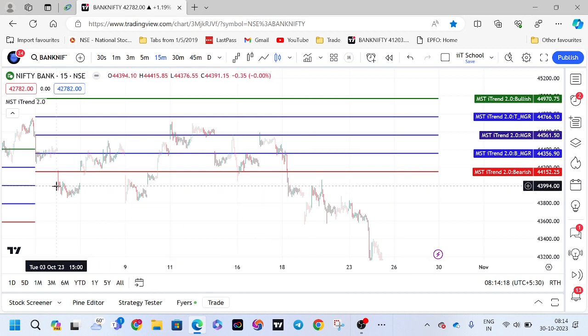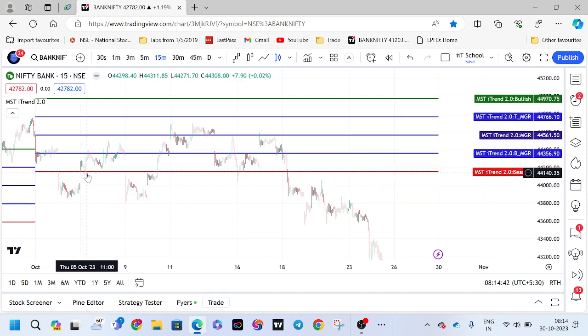So on October 3rd itself we got to know that the market is going to fall, so you can take one monthly put option. From 44,152 to 43,863, 300 points profit you got here.